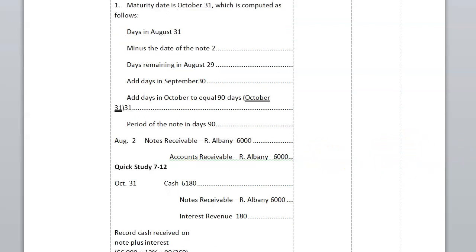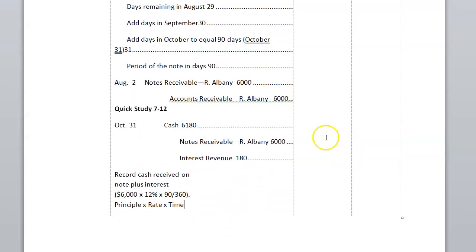And then the next question is on October 31st, what would the journal entry be? So we know we're going to be receiving cash. It's going to be the amount of the note receivable of $6,000 plus interest. We're going to be crediting the note receivable because it's now going to be satisfied, the $6,000. And then we're going to credit interest revenue.